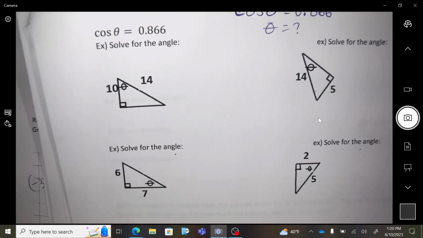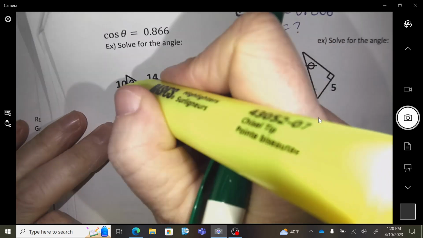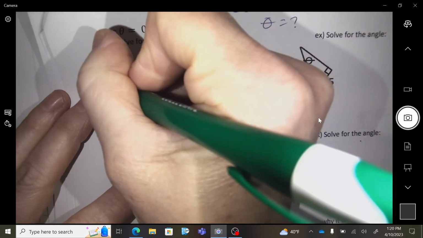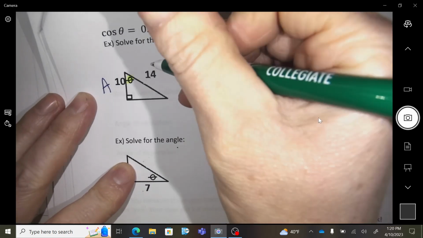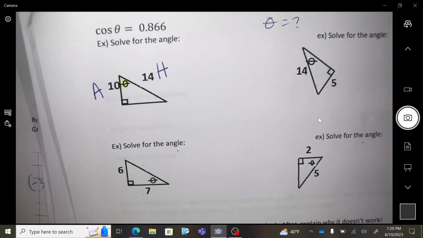And is 14 an O, an A, or an H? According to this angle, right? You're basing everything off of that angle. So did you tell me 10 was adjacent to that angle? And 14 is a hypotenuse because it's across the 90.